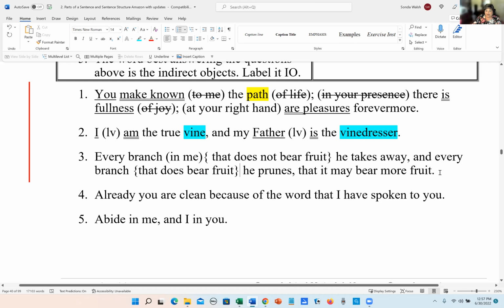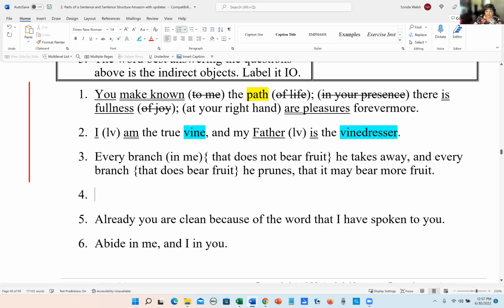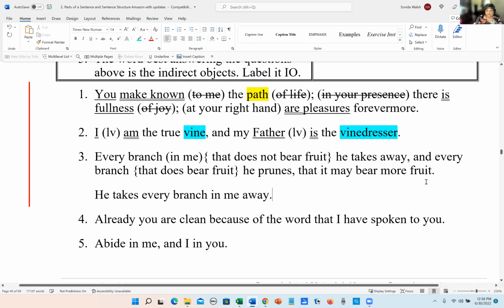This one, I'm going to rewrite it, I think, so that it's a little easier to see. He takes every branch in me away. That's the way we would write it.